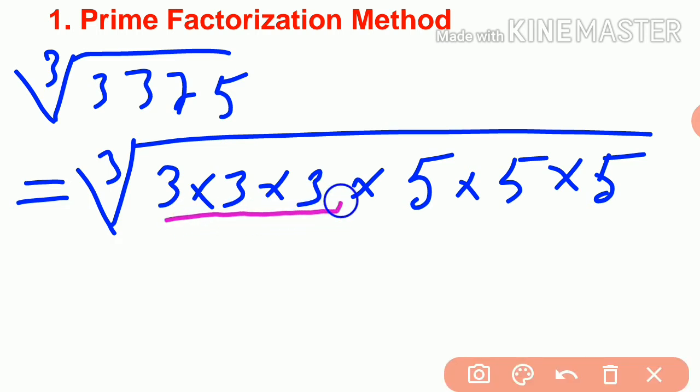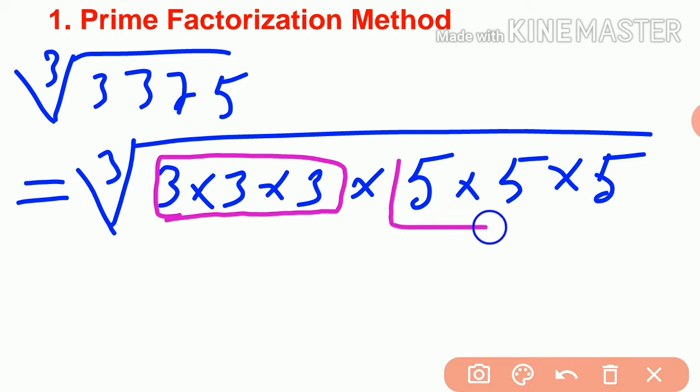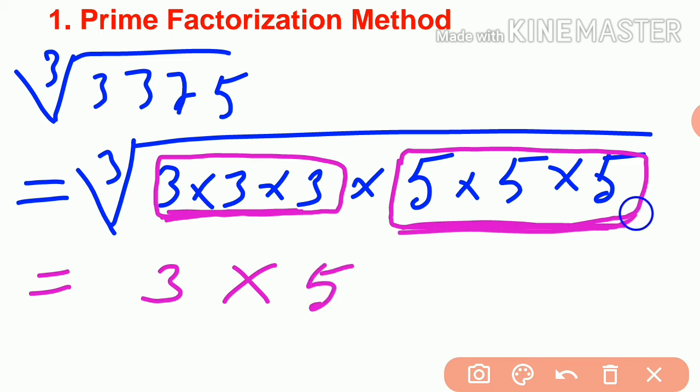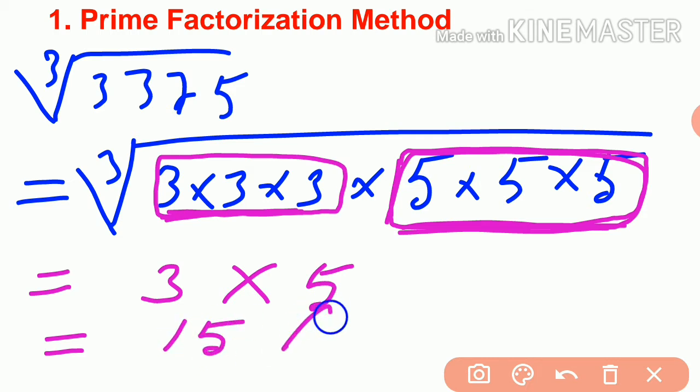This is the triplet of the same number 3, and this is another triplet of the same number 5. So we will write 3 for the triplet of 3 and 5 for the triplet of 5, and so the result will be 3 times 5, 15. Answer.